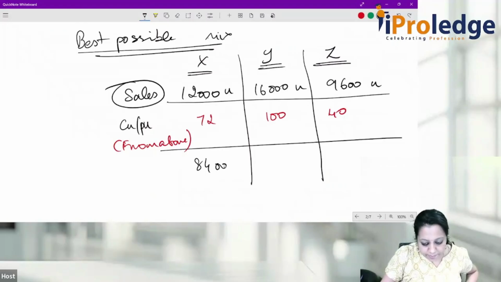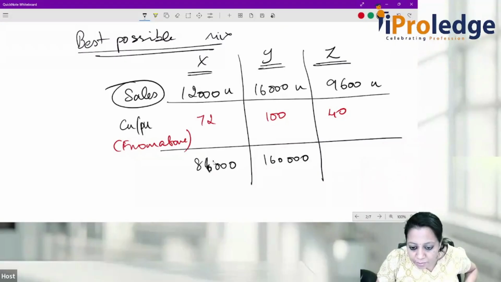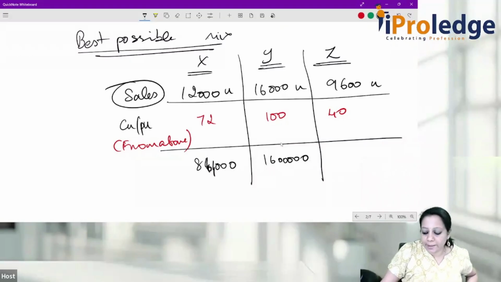So 8,64,000. 16 lakhs, no? Yes. 9,600 into 40 is 3,84,000.